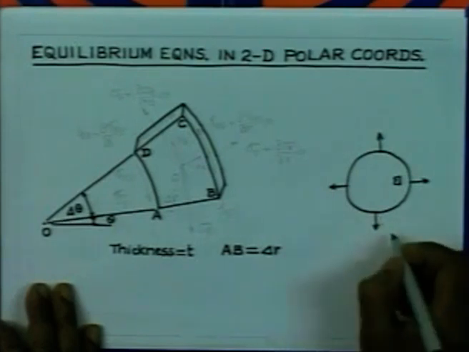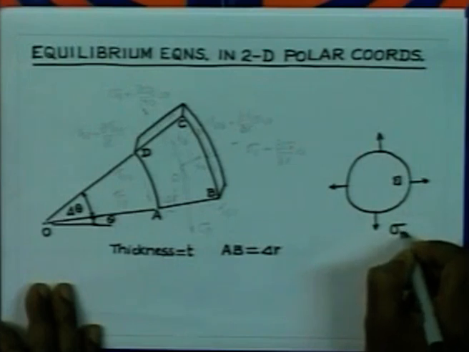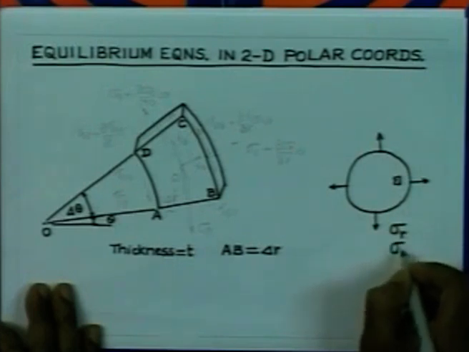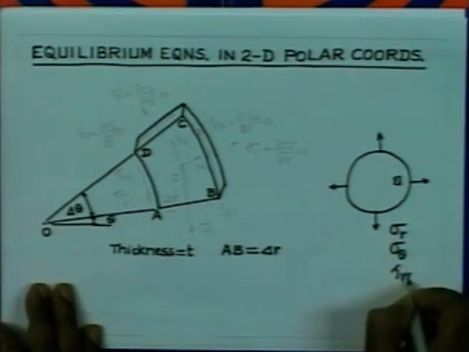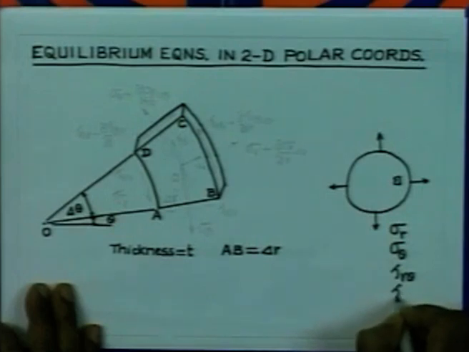The stresses that are going to be present in this case are sigma r, sigma theta, and tau r theta, tau theta r.